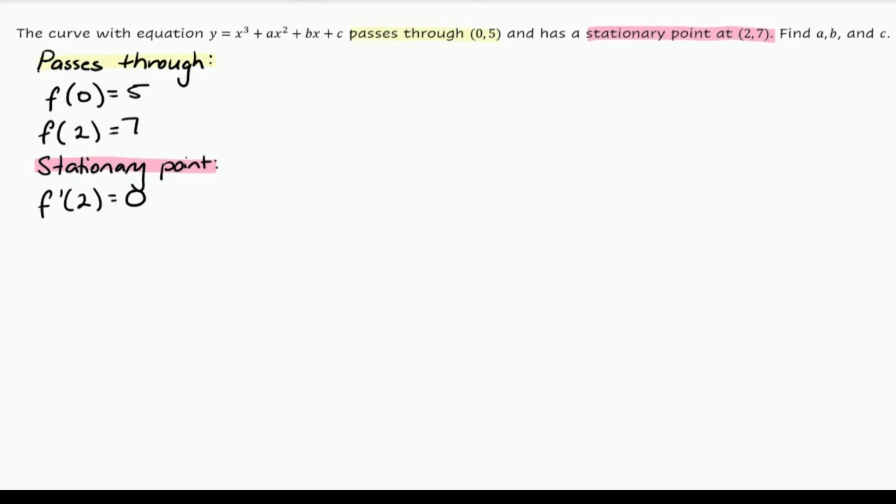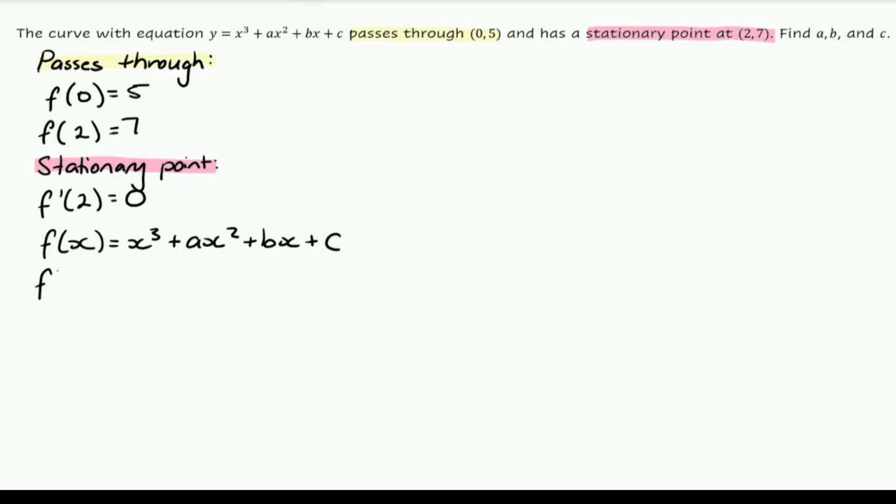So we've been given some values for our function at different points, and we've also been given a value for our derivative. So the first thing that I think we should do is find the derivative of this function, my function being x cubed plus ax squared plus bx plus c. I encourage you to pause this video and figure out, using the power rules, the derivative function.